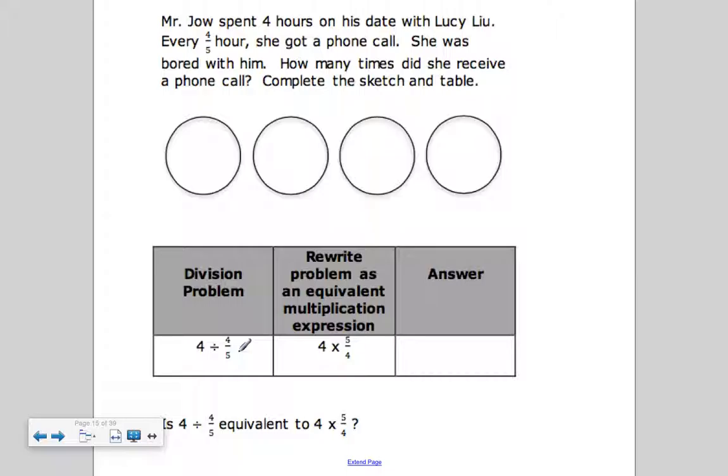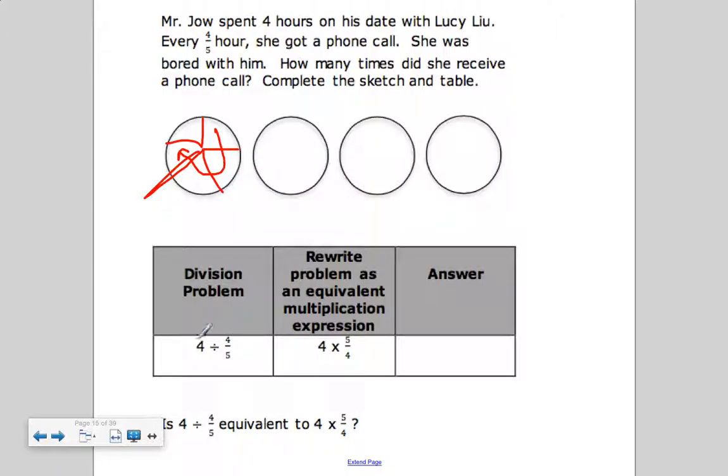Mr. Joe spent 4 hours on his date with Lucy Liu. Every 4/5 of an hour, she got a phone call. How many times did she receive a phone call? So how many groups of 4/5 go into 4? 4 hours divided into groups of 4/5.